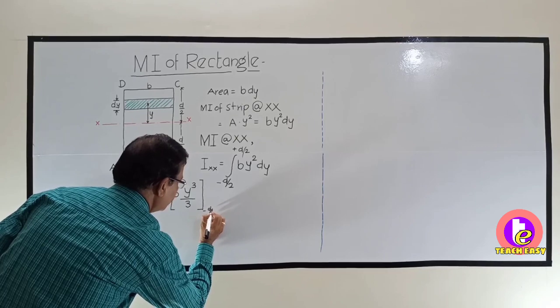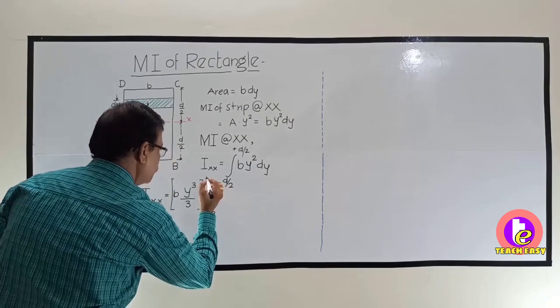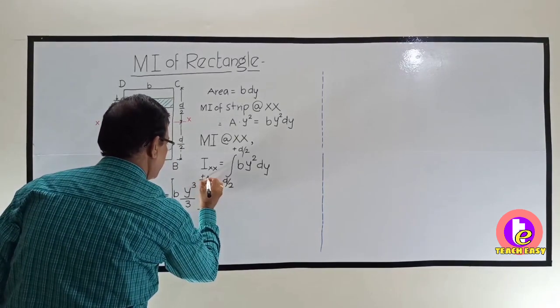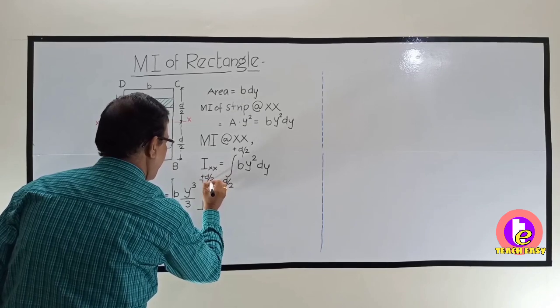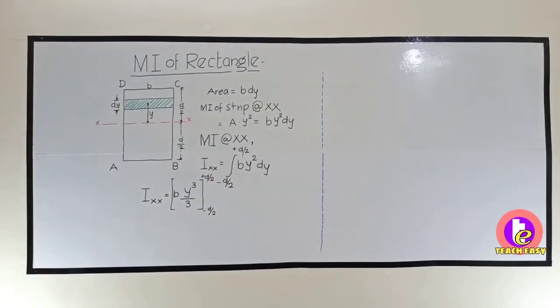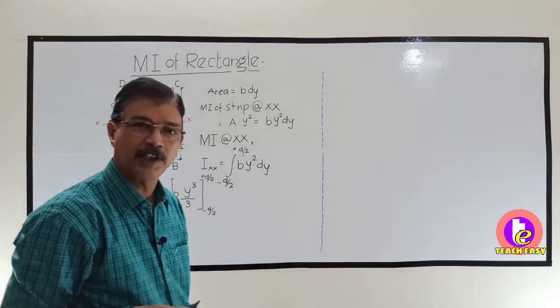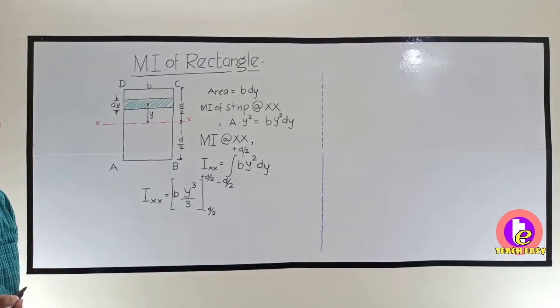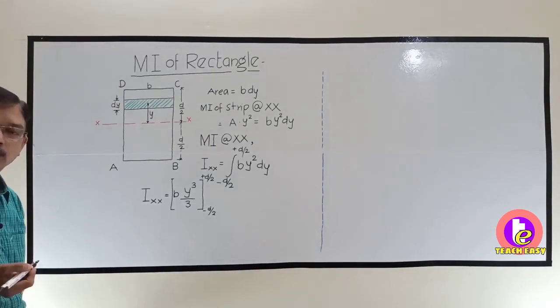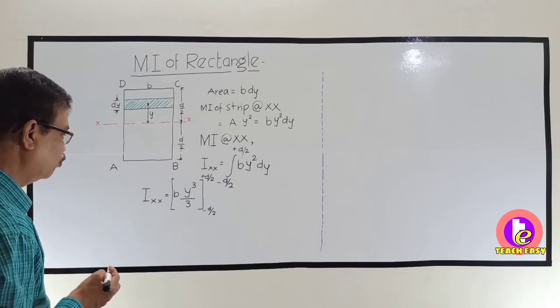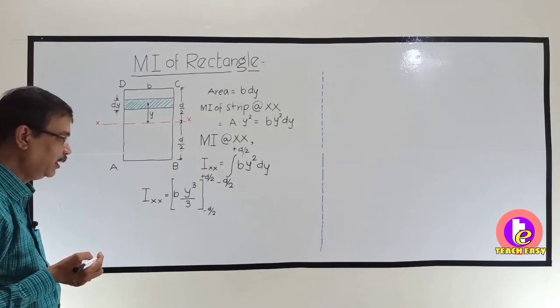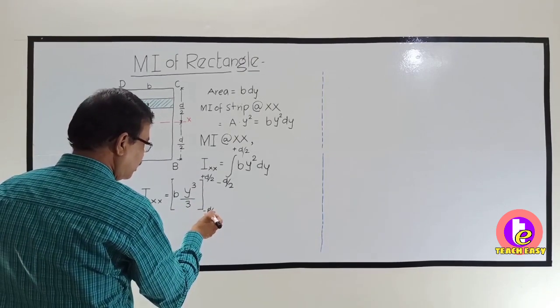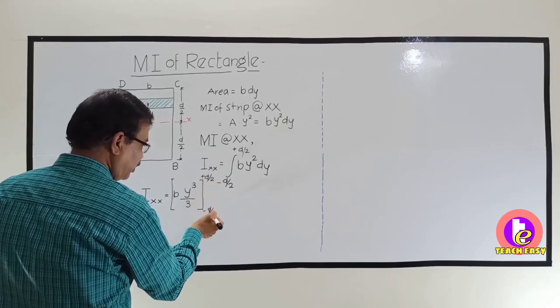Minus d by 2 to plus d by 2. Integration of x raised to n is x raised to n plus 1 upon n plus 1, provided n is not equal to minus 1. Now we will substitute this upper limit and this lower limit.